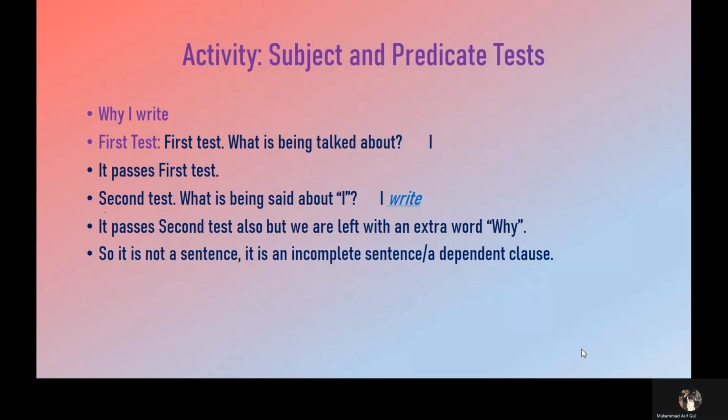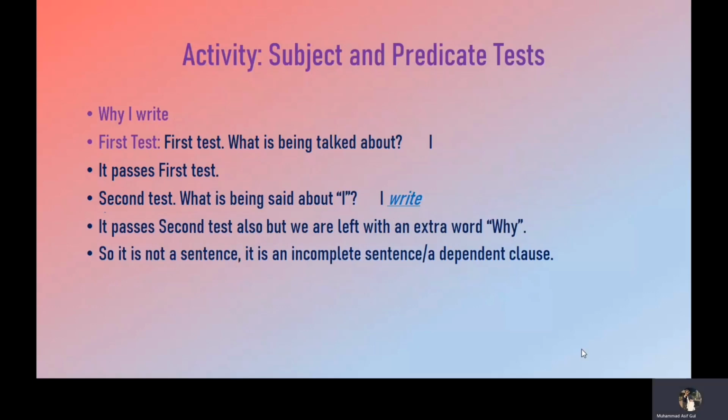I write. It passes the second test also, but we are left with an extra word, why. So this title, Why I Write, is not a complete sentence. It is an incomplete sentence, or we can say a dependent clause, or a subordinate clause. It is not a complete sentence.